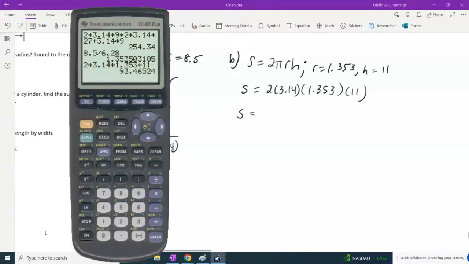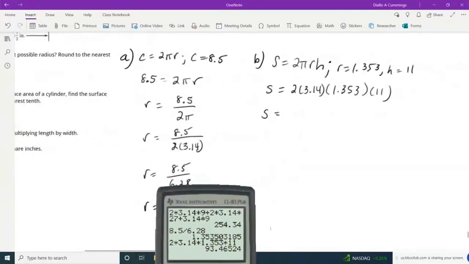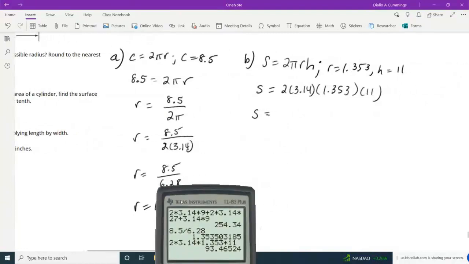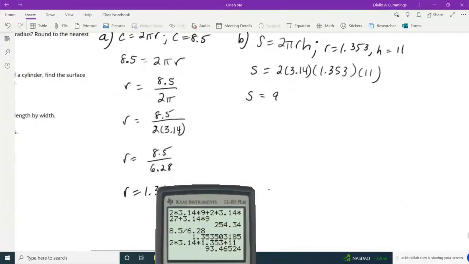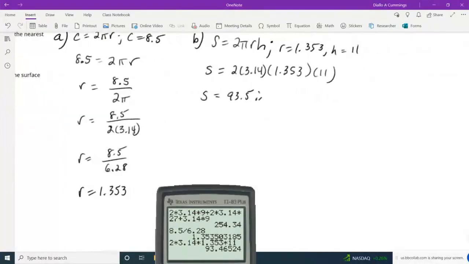And we get 93.5, rounded to the nearest tenth. So that's 93.5 square inches. Right, since we're talking about area.